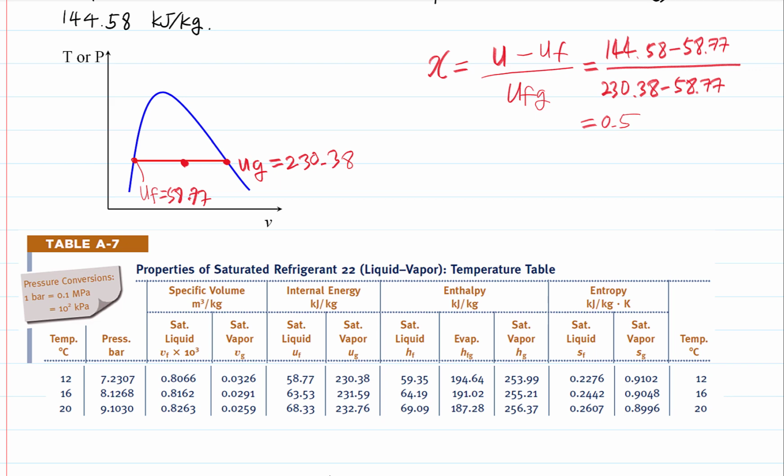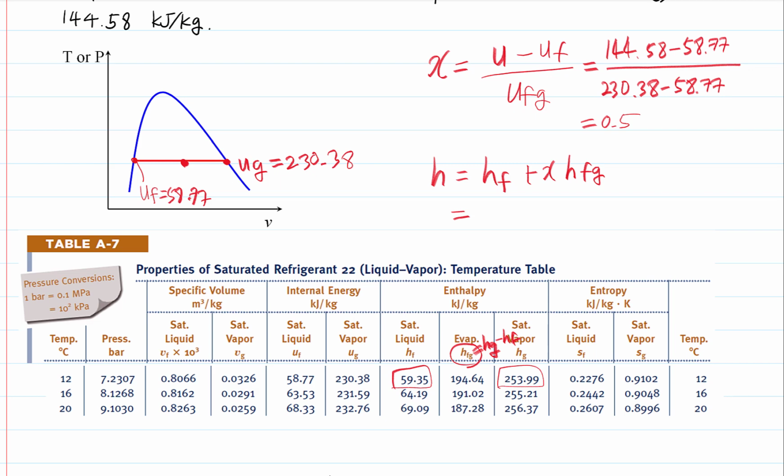Now we need to determine the specific enthalpy. Specific enthalpy can be also expressed using quality. So at 12 degrees Celsius, hf is here, hg is here. hfg, this value is simply hg minus hf.